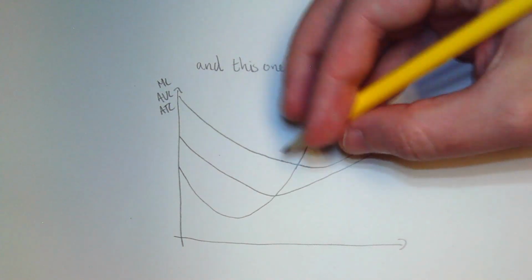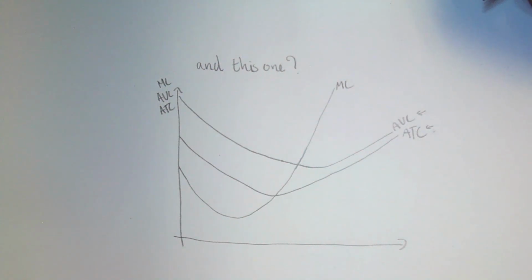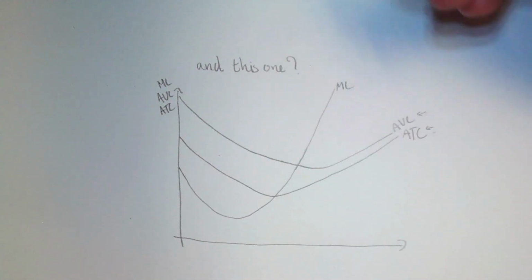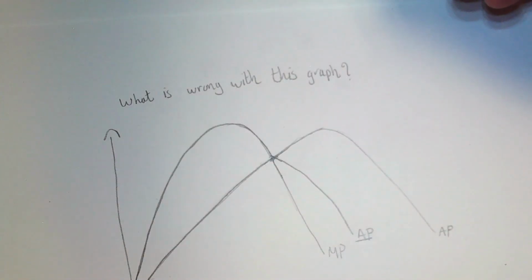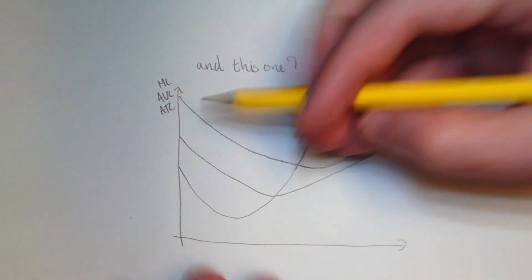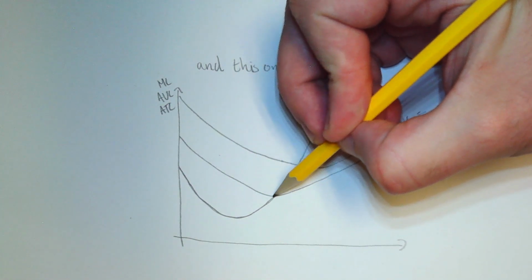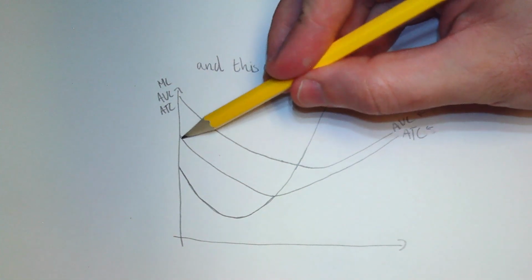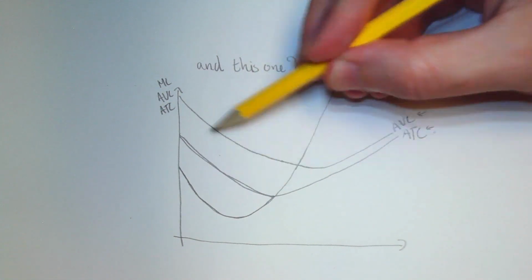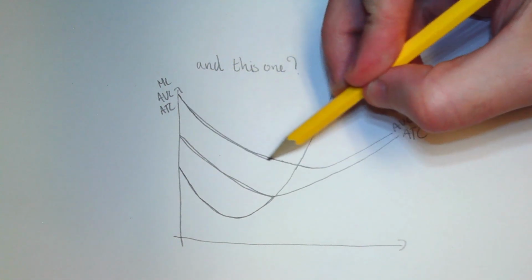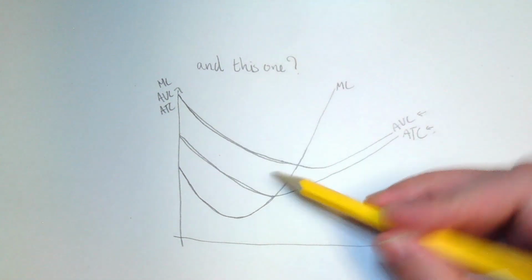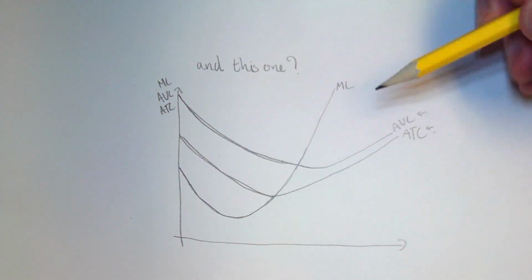The second thing is, for the same reason we explained in the previous case, whenever the marginal is below any average curve, that average curve should go down. So these curves are going down here and they're going down here as the marginal is below those curves. Does that make sense?